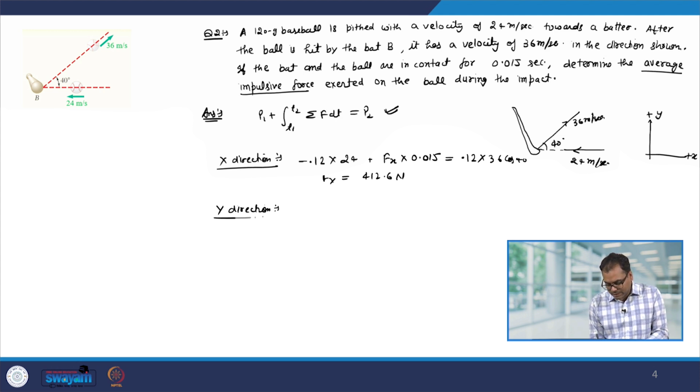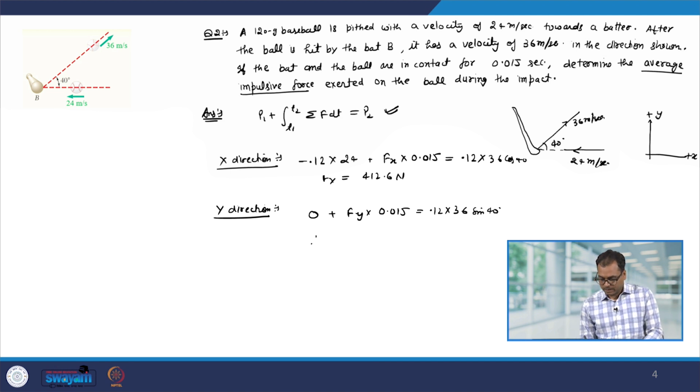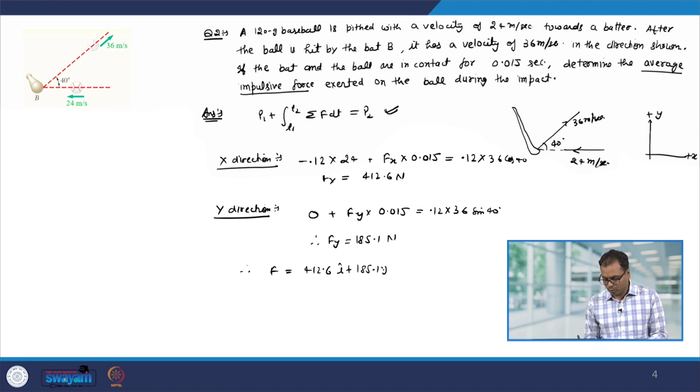Now, let us use it in the y direction. Since the ball is initially moving in the horizontal direction, there is no momentum in the y direction. So, it is 0 plus Fy into 0.015 equal to 0.12 into 36 sin 40 degree. This gives you Fy equal to 185.1 Newton. Therefore, force F will be 412.6 i plus 185.1 j Newton.